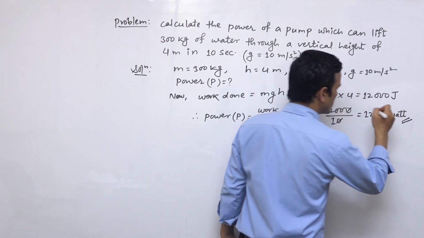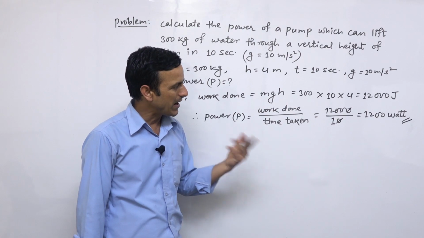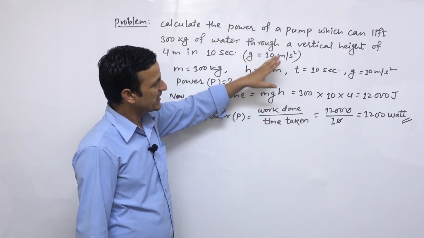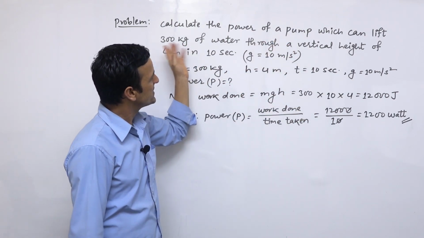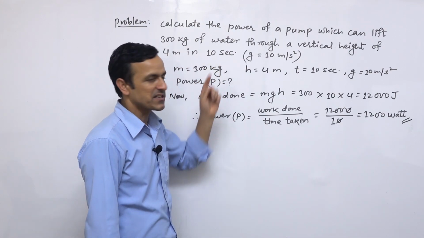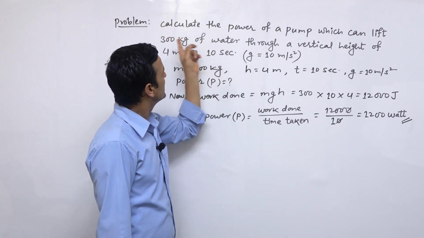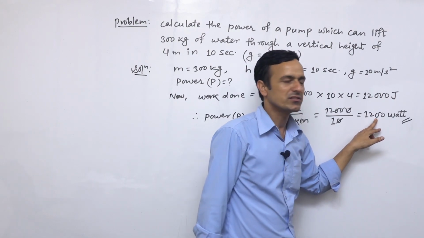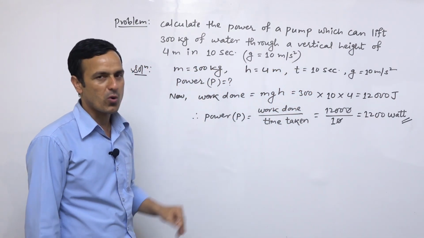It is watt. The SI unit of power is always watt. So 1200 watt is required. This watt is required for the pump which can lift this mass of water to this height 4 meter in 10 seconds. 10 सेकेन्डमा 4 मिटर हाइट रेज गर्नको लागि यो मास अफ वाटर को लागि यति रेट अफ डुइङ चाहियो. 1200 वाट चाहिँ हाम्रो रेट अफ डुइङ वर्क हुनु पर्यो.